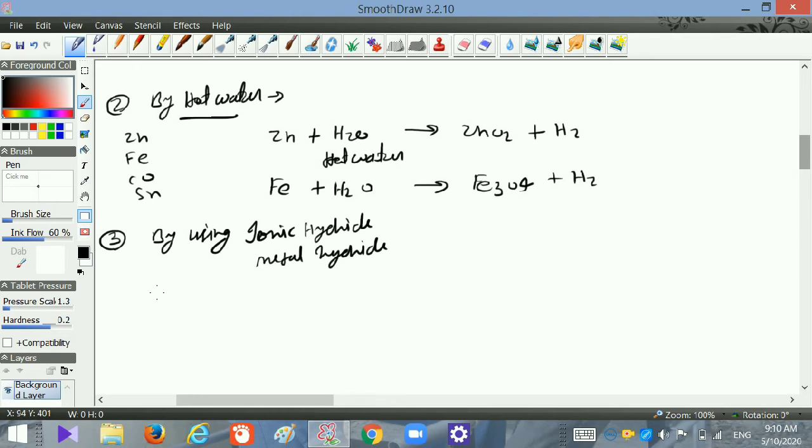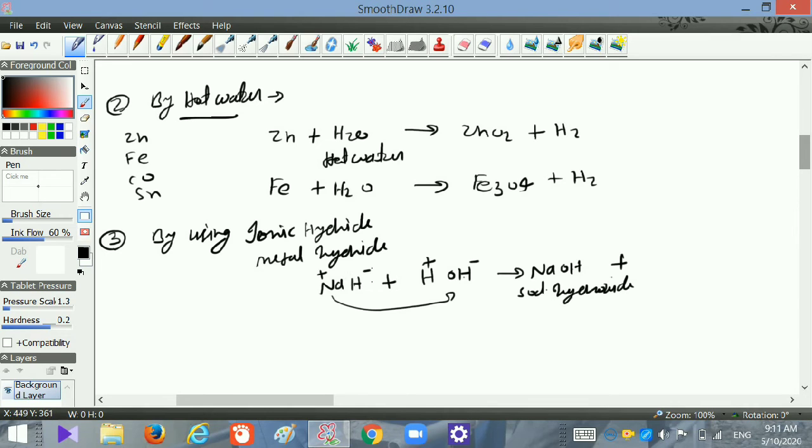See, metal hydride like sodium hydride, when it reacts with water, here minus, here plus, here minus, here plus, so this combines and forms NaOH. This is sodium hydroxide. Okay, and this passes its electron to this one and forms hydrogen gas.